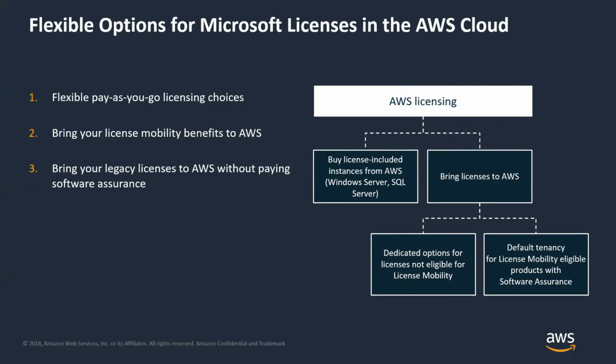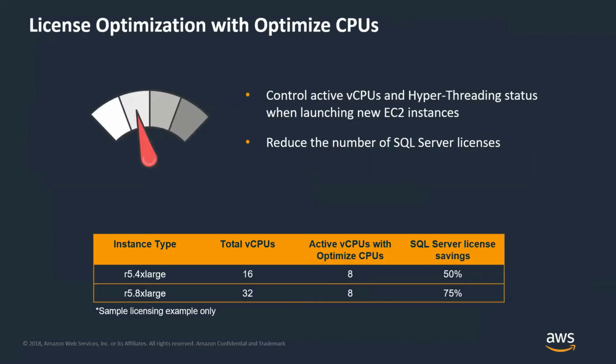Again, if you do have any questions around licensing, you can always write to Microsoft at amazon.com, and they will help assist you with what kind of licensing you need and how to go about making any modifications if needed to your current existing program. Optimization of licensing around your CPUs.